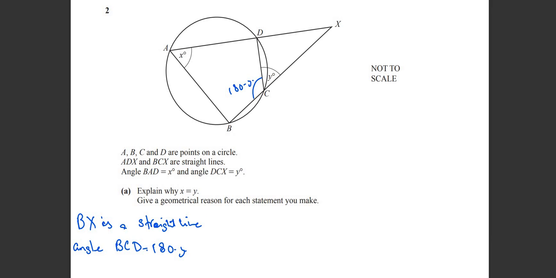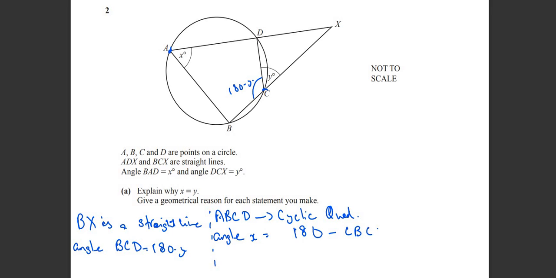Okay. Now second, ABCD is a cyclic quad. All right, angle x, if you look at this as a cyclic quad, angle x is equal to 180 minus angle BCD, which means this angle.